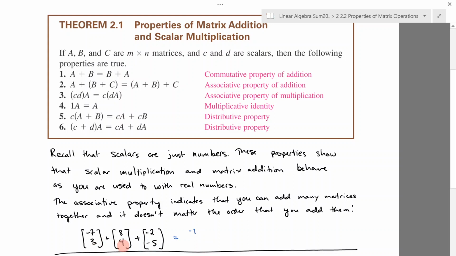Then 3 plus 4 is 7, then minus 5 is equal to 2. Okay, so again, matrix addition and scalar multiplication isn't really any different than what you're familiar with when dealing with real numbers.